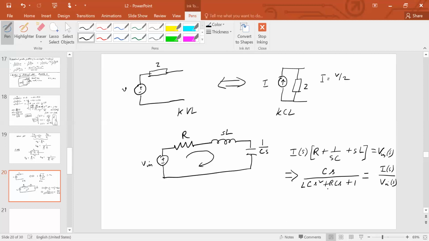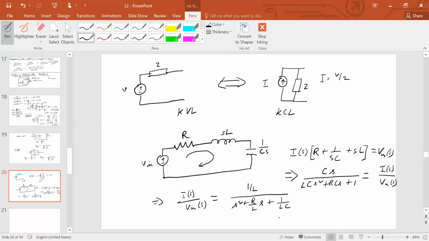If you now simplify a bit, I think the expression would be I of S over V in of S given by 1 over L divided by S square plus R by LS plus 1 over LC.